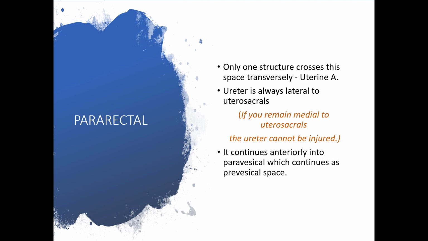So if you are anywhere medial to the uterosacral, you're never going to touch the ureter. Are we getting this? So these are key small points. If you are medial to the uterosacral, you cannot touch the ureter. You can't. Okay? And as it moves in front, it will continue with the para and prevesical spaces. Okay? So it's a continuous space.